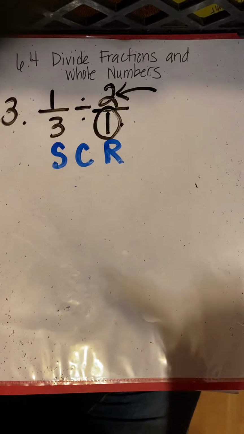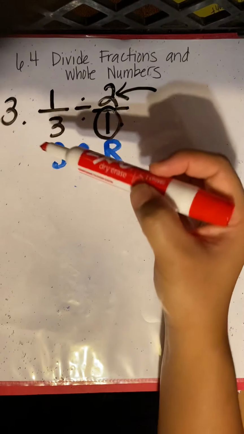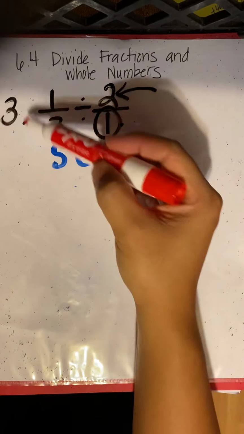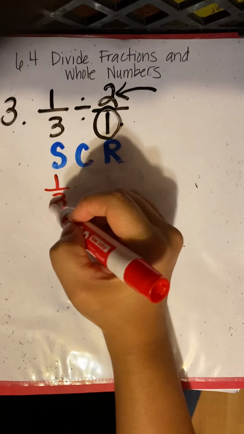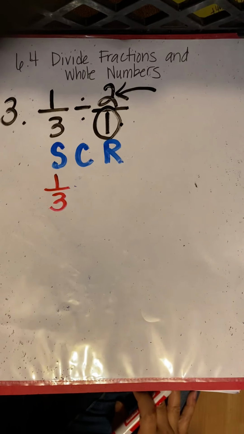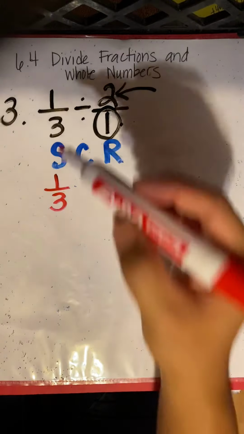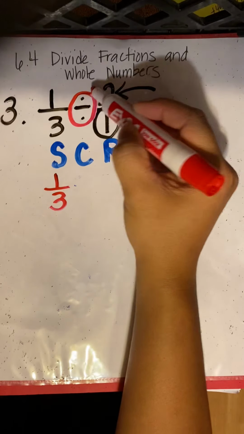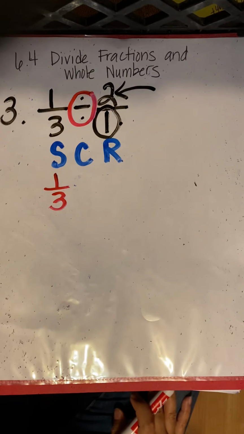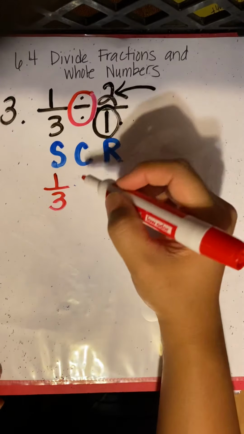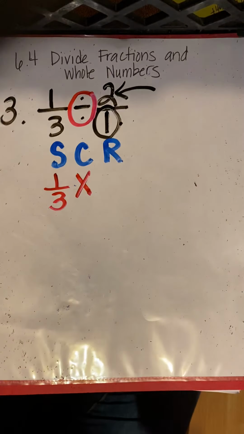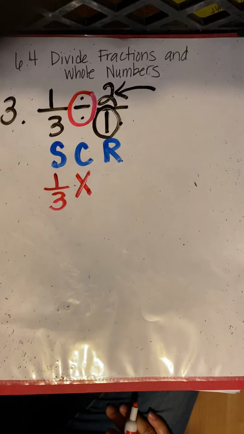So for example, here you have 1/3 and the S means to stay, so it has to stay 1/3. Now the C means to change, so that means this symbol needs to change to the inverse operation symbol of division, which is multiplication, the times symbol.